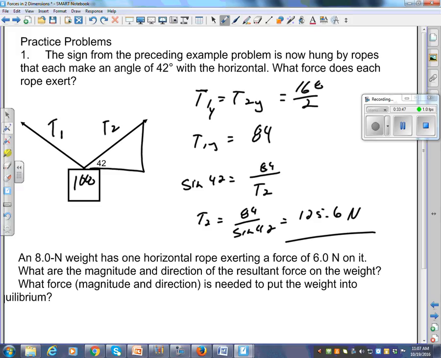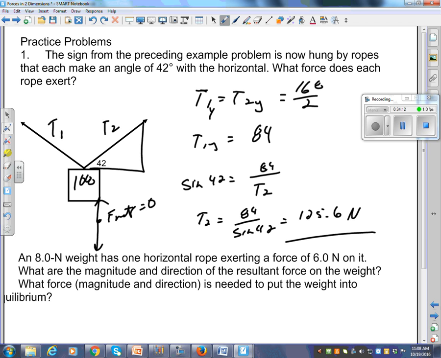And again, there are many ways that I can show that work, but the idea is that the net force up and down is equal to 0. How you describe that, how you show that is sort of up to you.